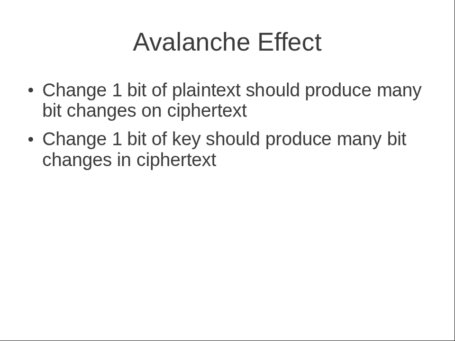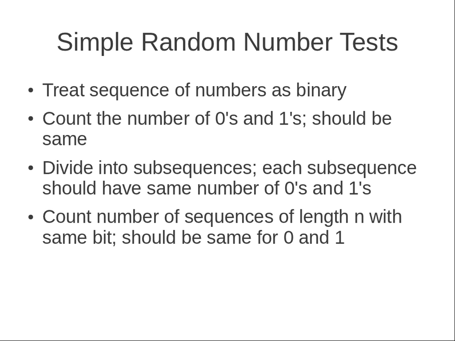How do you test if a number is random? If you think of it as a sequence of bits, some random sequence should have an equal number of zeros and ones in that sequence. Divide that sequence into subsequences. You have 1,000 bits. Count the number of zeros and ones. Should be 500 and 500, approximately.